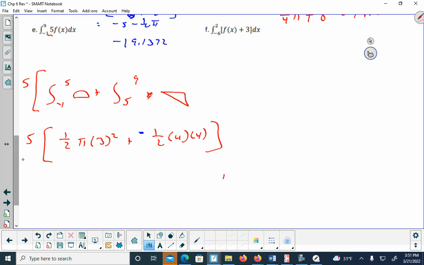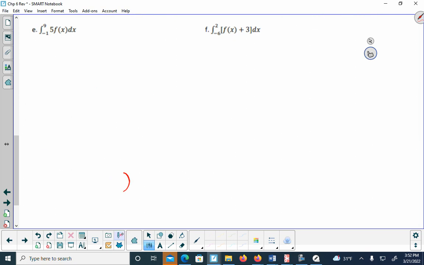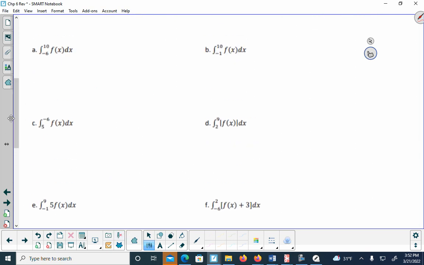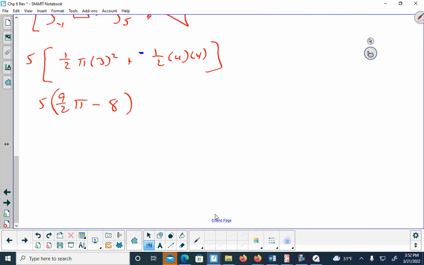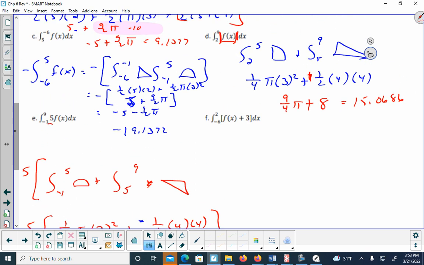So this will be 9/2 pi minus 8, and we have 9 pi over 2 minus 8, distributing that 5, and end up with 45 halves pi minus 40. That's the decimal, that's going to be positive 30.15.